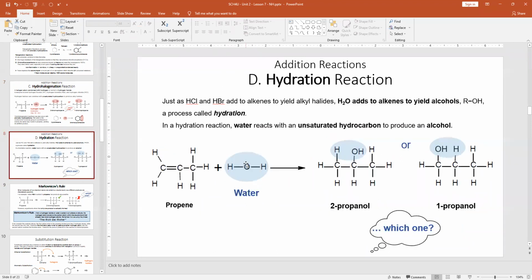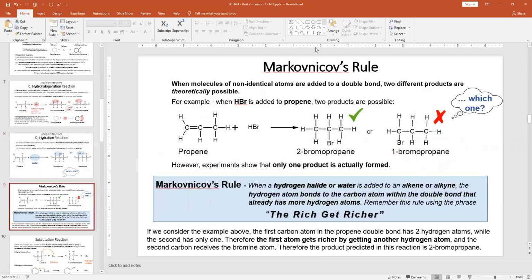Or in this case, it's water: one of them is an H, one of them is an OH that is being added to the double bond. So when you have molecules of non-identical atoms being added to a double bond, you get 2 different products that are theoretically possible, as we explored on the other slides. For example, if you have hydrogen bromide added to propene, you can get either one of these 2 products.